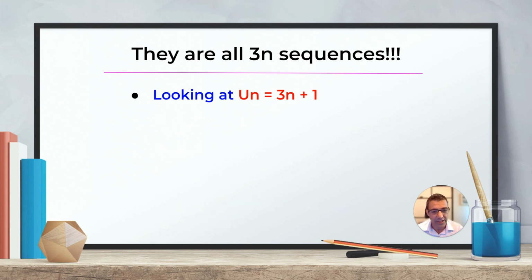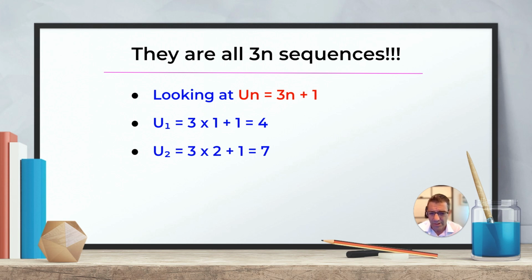So if we look at un equals 3n plus 1, remembering that 3n was the 3's times tables, we just added 1 to every value here. So u1 would be 3 times 1 plus 1, which is actually 3 plus 1, which is 4. And u2 will be 3 times 2 plus 1. So remembering that the value of n gets multiplied by 3, it's 3 times n, and then we add 1.